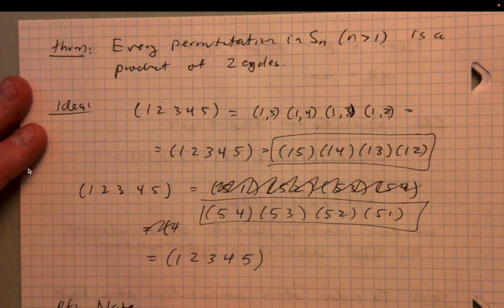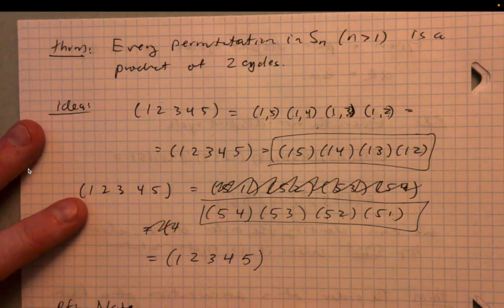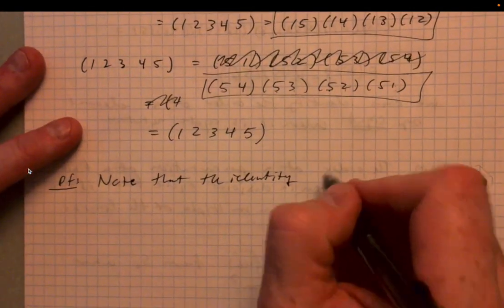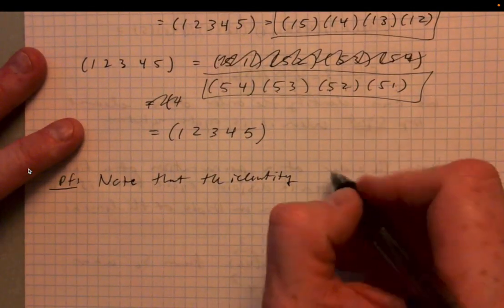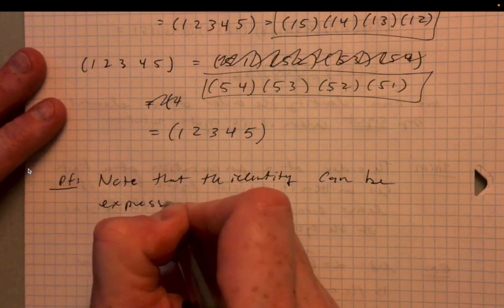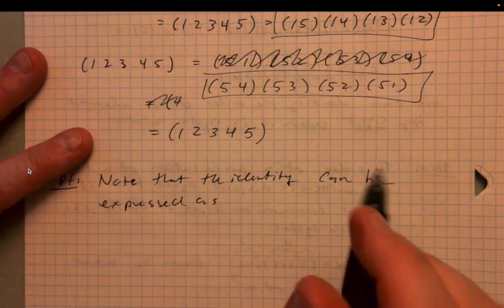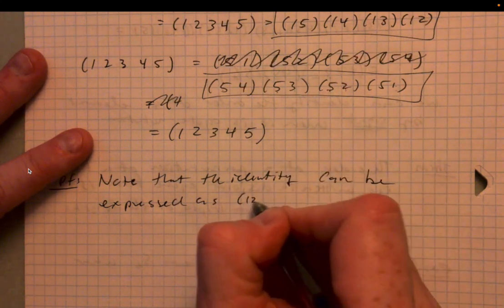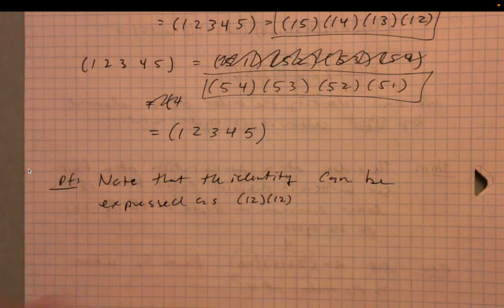Okay. So we want to start by noting that the identity. Right. Now this is kind of the tricky part here. Note that the identity can be expressed as 1, 2, 1, 2. Okay. Right.